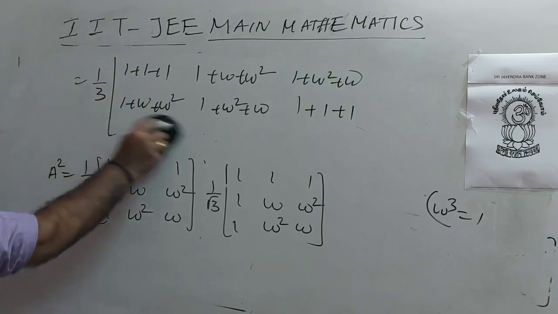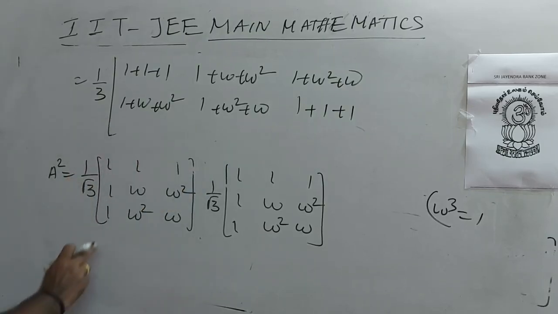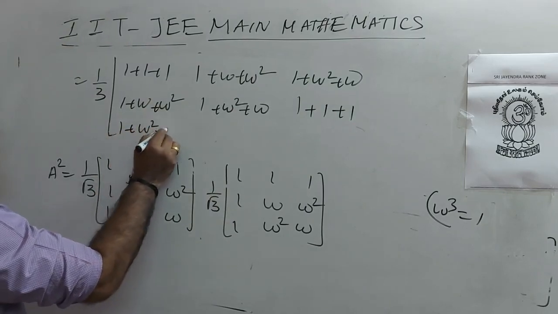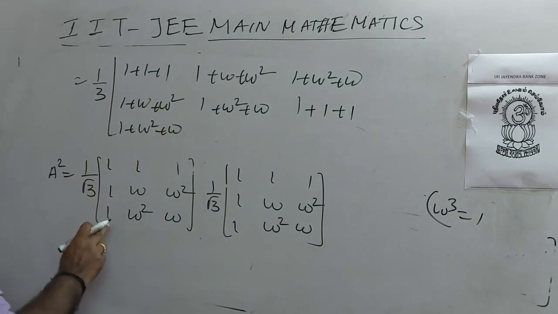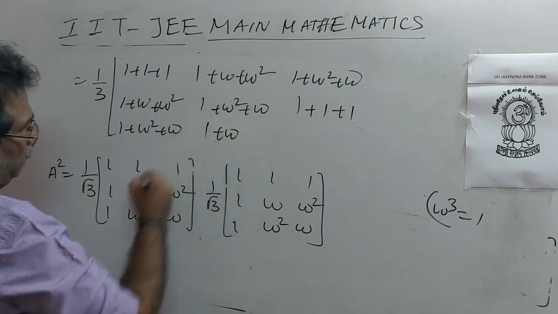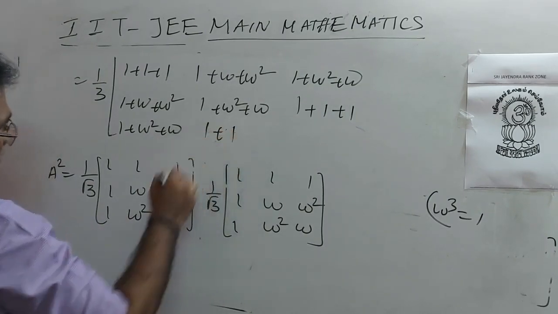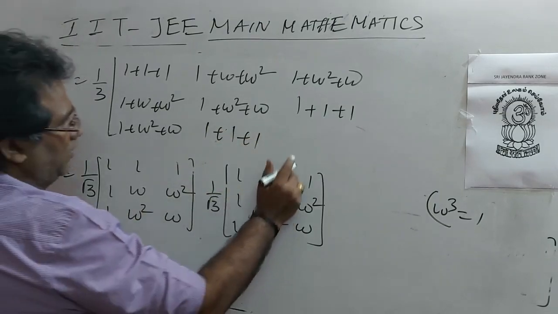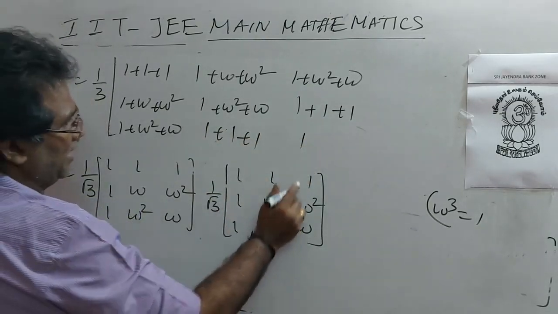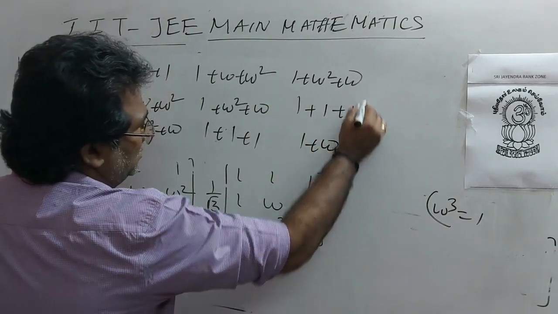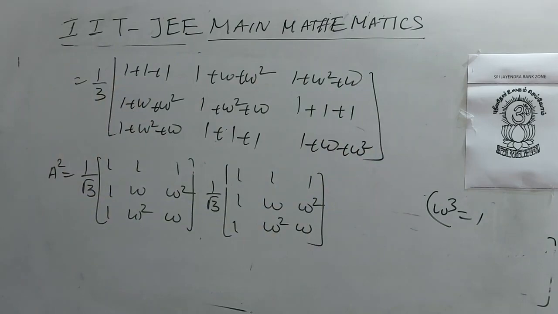Sorry, here taking first row, first column, 1 plus omega squared plus omega. 1 into 1, 1, omega squared into omega cube, that is 1, omega into omega squared, omega cube also equal to 1, 1 into 1, 1, omega power 4, that is equal to omega plus omega squared.